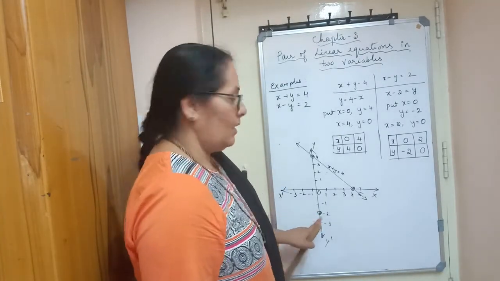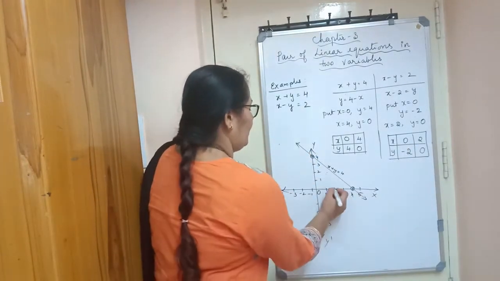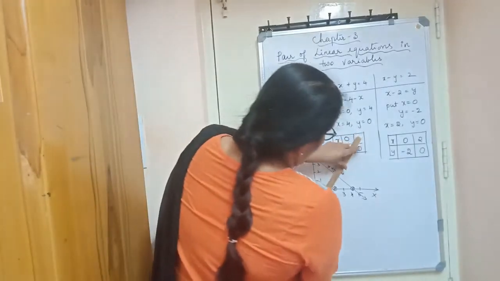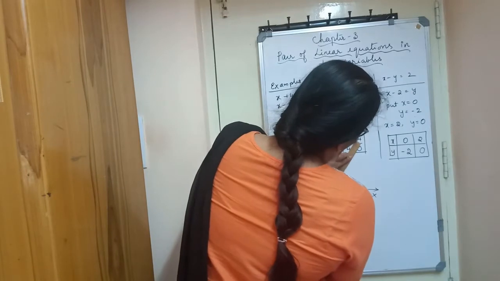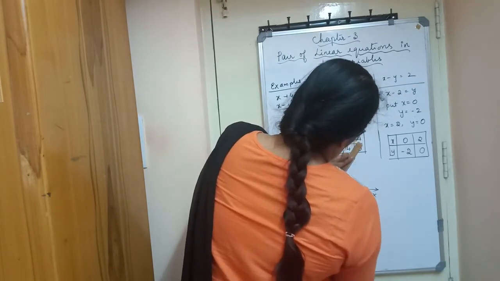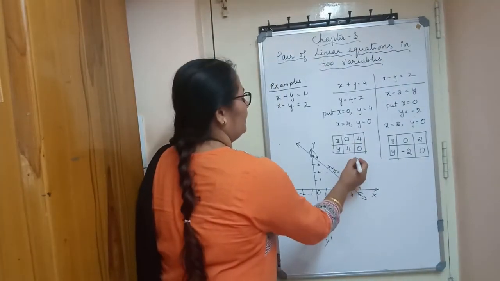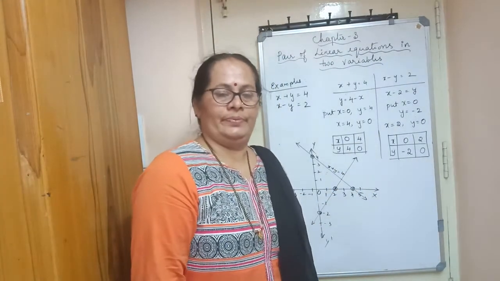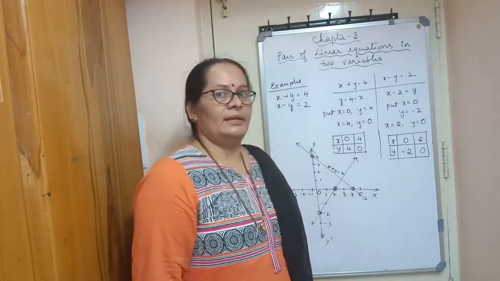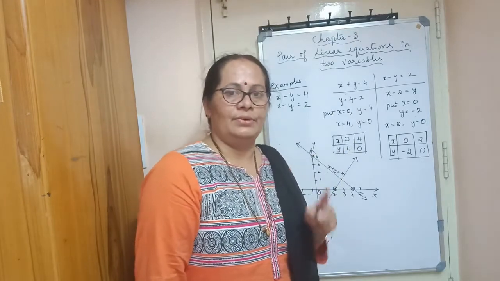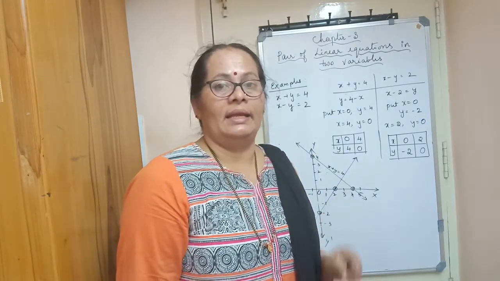When x is 2, y is 0. So now join these 2 points. See here, what type of lines did you get? Intersecting lines. For this pair of equations, you got intersecting lines.